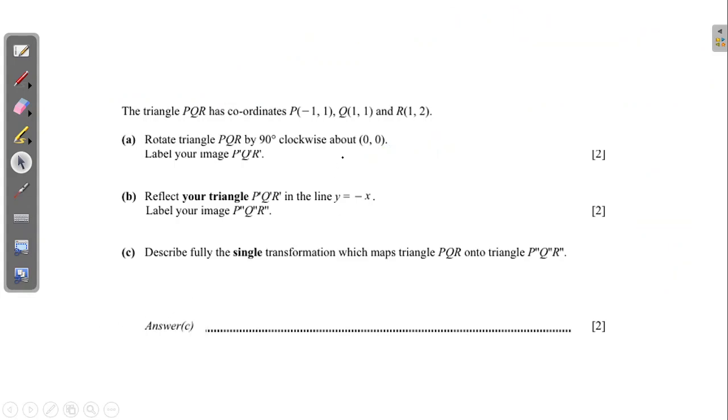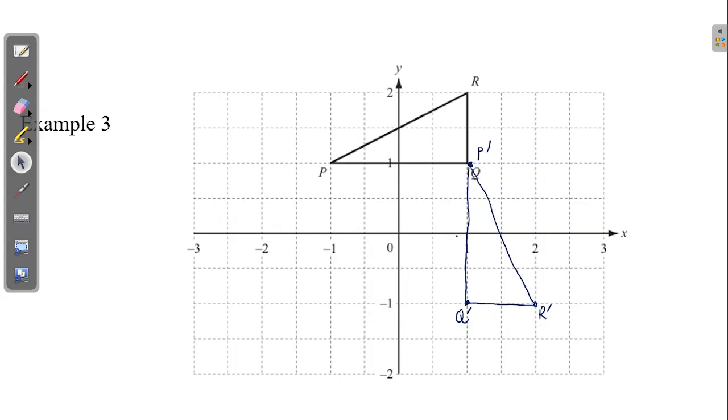Let's solve B. Now B says reflect your P prime, Q prime, arrow prime in the line y equal to -x. So this is a diagonal mirror line, y equal to -x. So now I'm reflecting my image here.